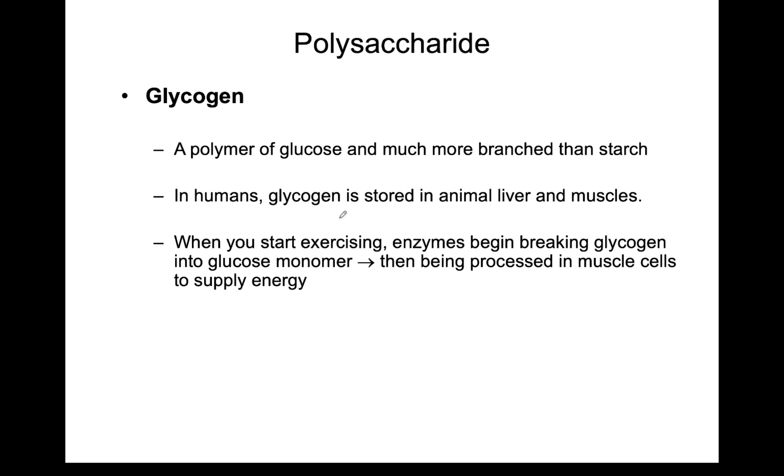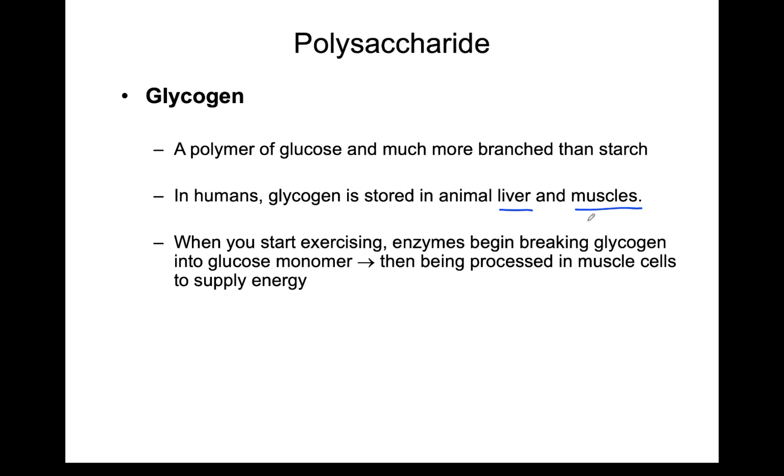This process occurs in muscle cells and energy can be generated. So glycogen can stay inside the human body, especially where? Liver and muscle. So the human body can store glycogen, but not starch.